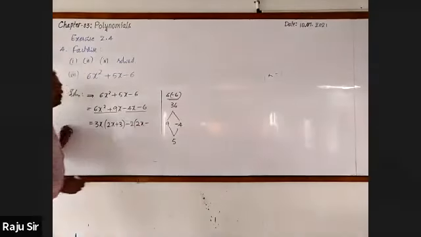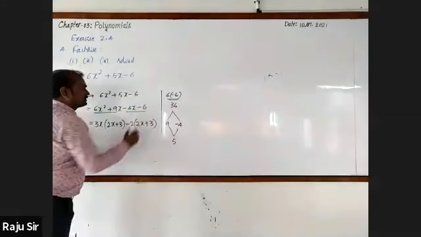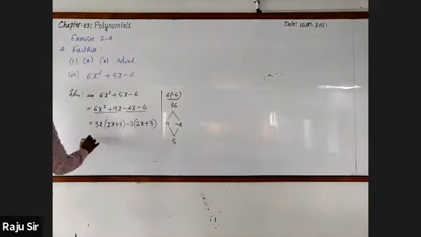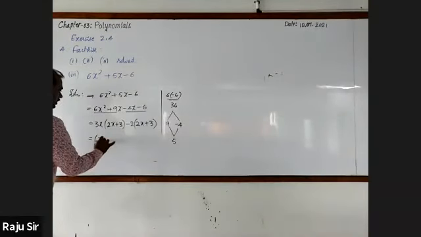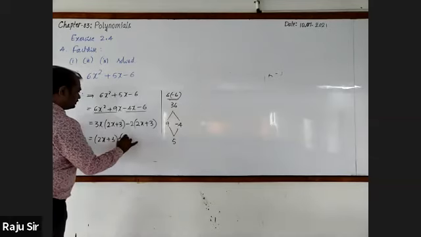Minus 2. Minus 2 into 2x is minus 4x. Then minus 2 threes are minus 6. Now in the whole statement, we have 2x plus 3 as common factor, remaining 3x minus 2.